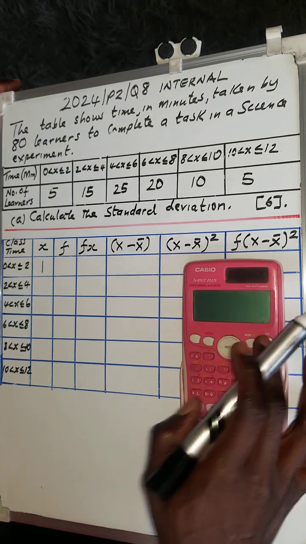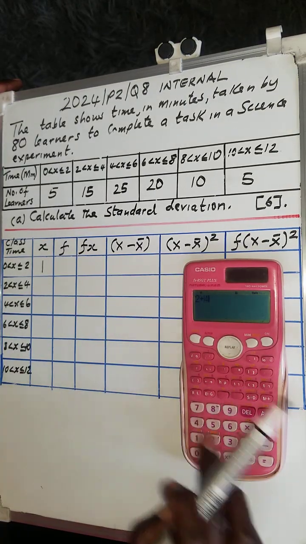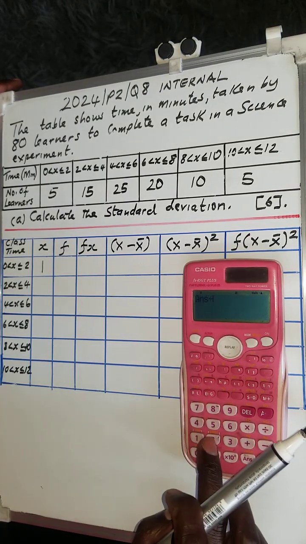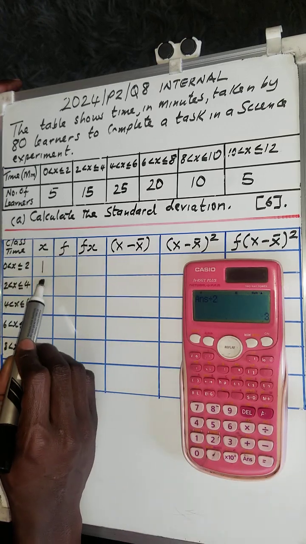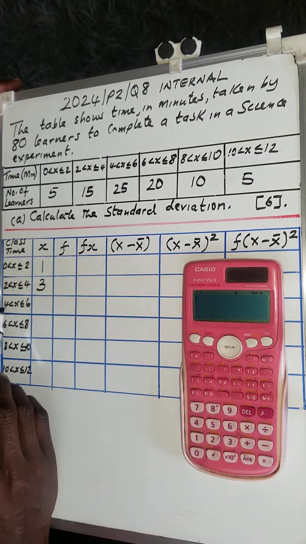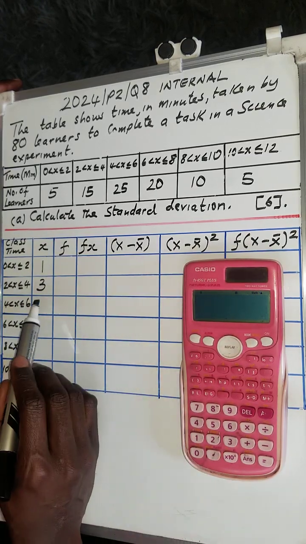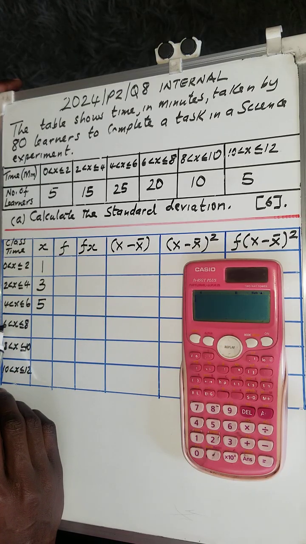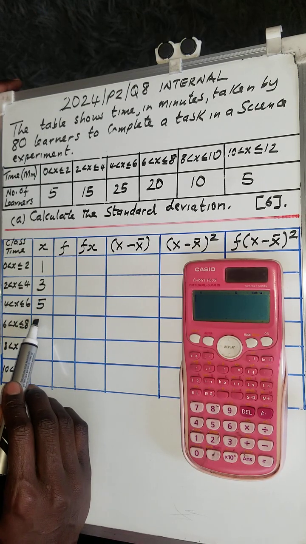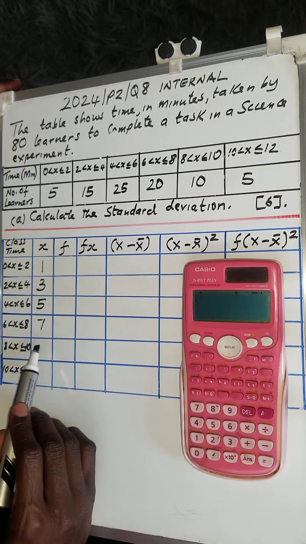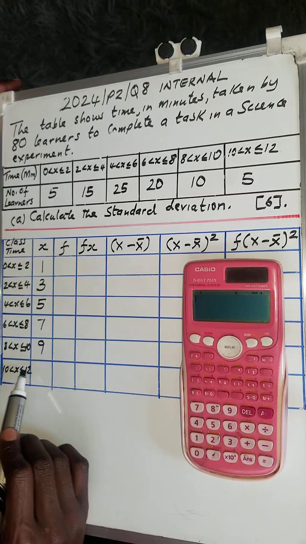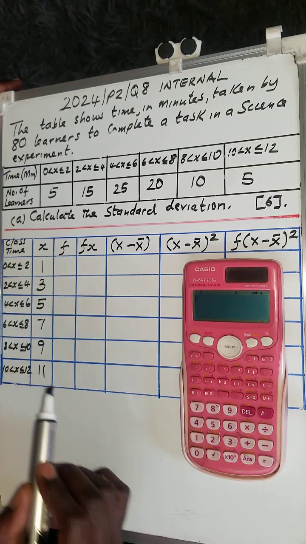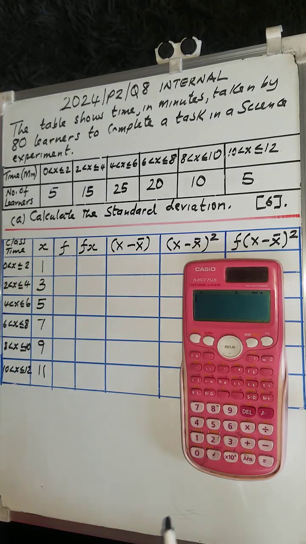Then 2 plus 4 is 6, 6 divided by 2 gives a 3. 4 plus 6 is 10, 10 divided by 2, that's a 5. Between 6 and 8, that is a 7. Between 8 and 10, that is a 9. Between 10 and 12, that is 11. So those are the values of x that we get.